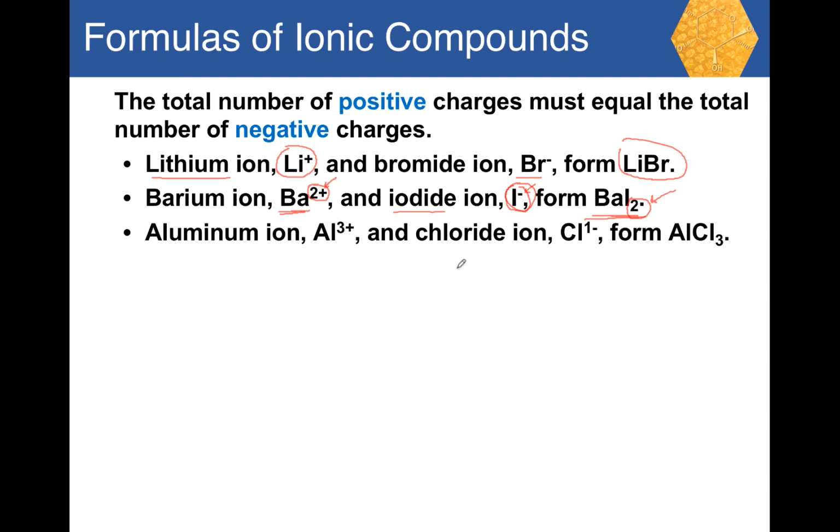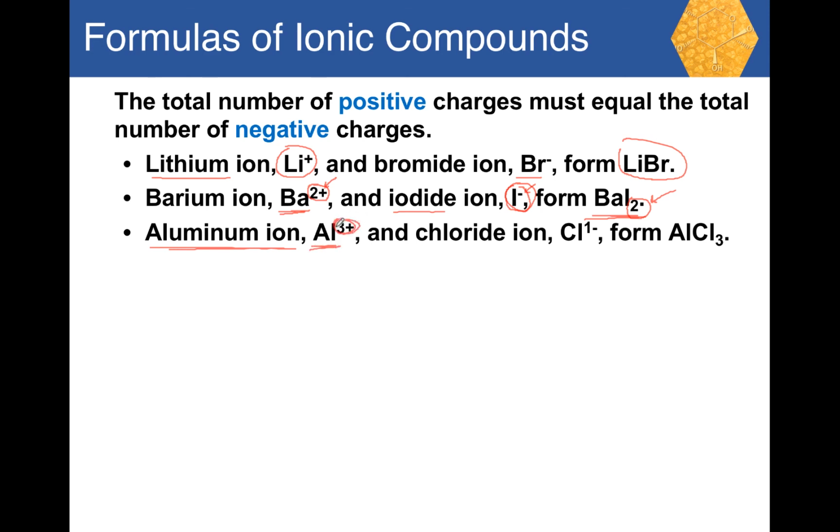Just to reinforce that concept, here's another example. Find aluminum on your periodic table. You'll notice that aluminum is to the left. Well, it's kind of in the center, but it will lose 3 electrons to form Al3+.